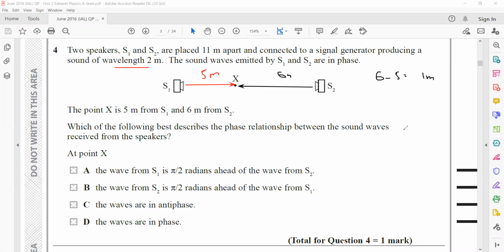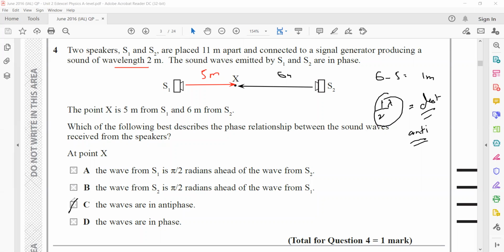And in terms of wavelength, what is the difference? Because one wavelength is 2 meters, 1 meter is equal to half a wavelength. When there is a half wavelength, 1 by 2 or 3 by 2 or 5 by 2, it will be destructive interference, which means the two waves will be in anti-phase.